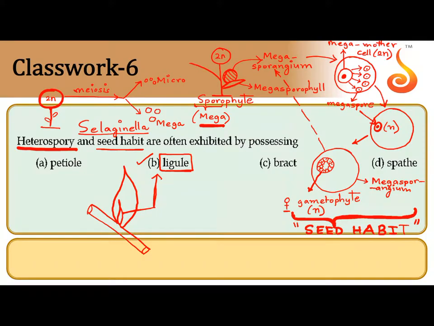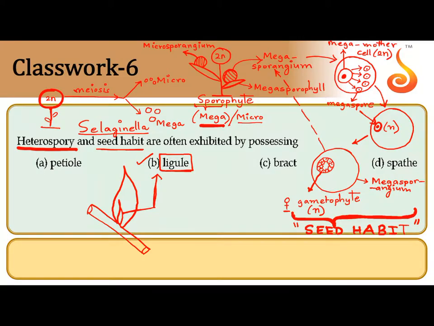There may be one more leaf somewhere on the plant which has another tiny structure on it whose job is producing microspores. So we call this particular sporangium whose job is the production of microspores as microsporangium. So the same sporophyte has both mega and microsporangium on them.